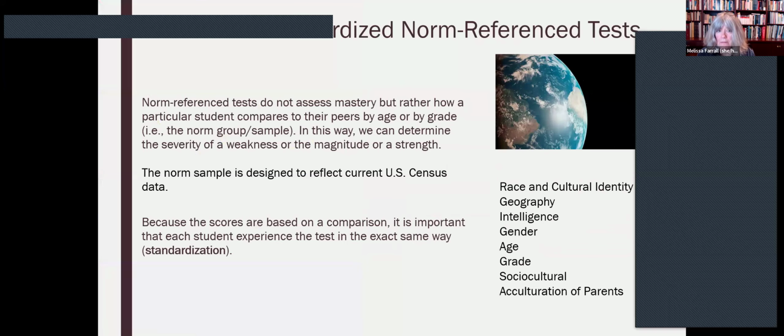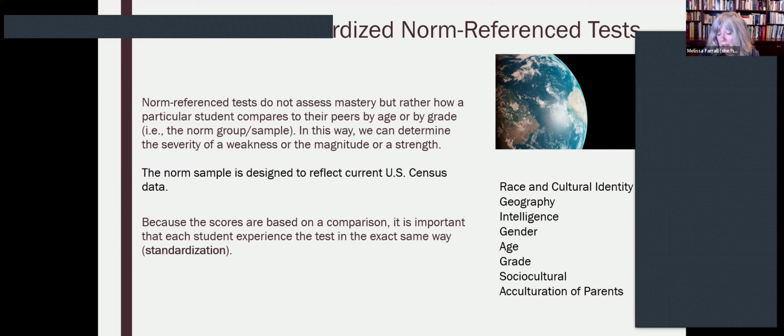All right, I'm going to move us on. Standardized norm reference tests, the thing that makes everyone crazy. The big piece here is that standardized norm reference tests don't speak to mastery.